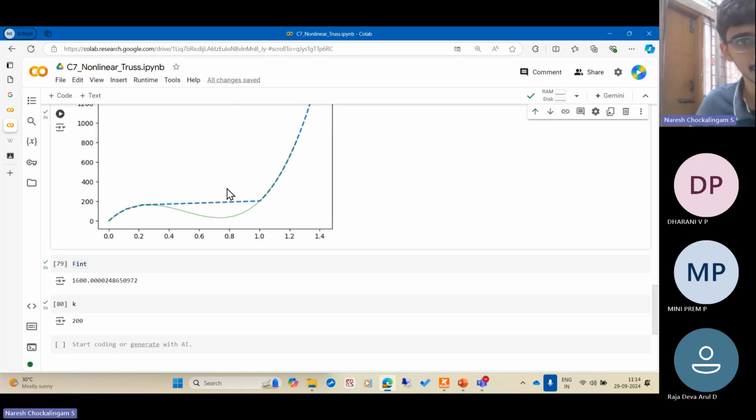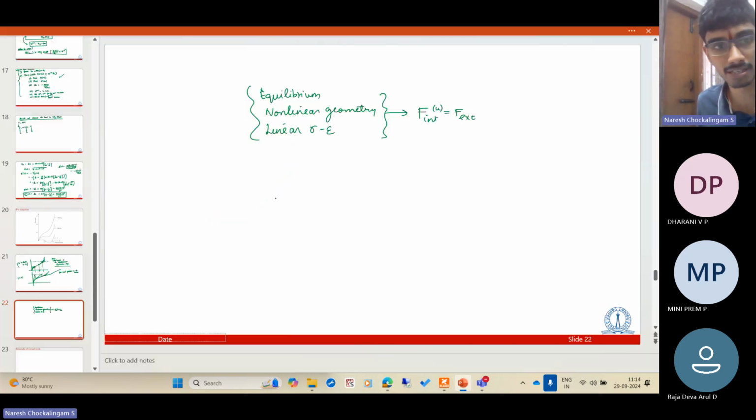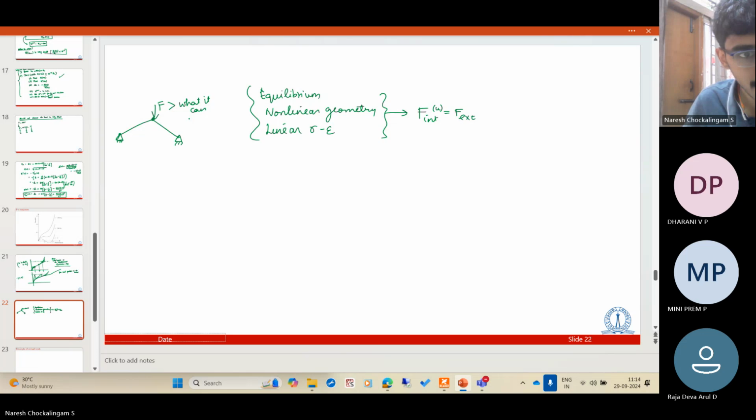It has got mass, so it will accelerate. In reality, if you apply a force F which is greater than what can be sustained by the structure, what it can sustain is the maximum of this.